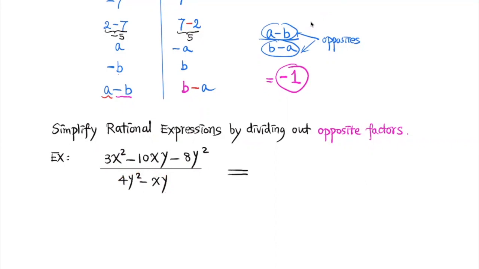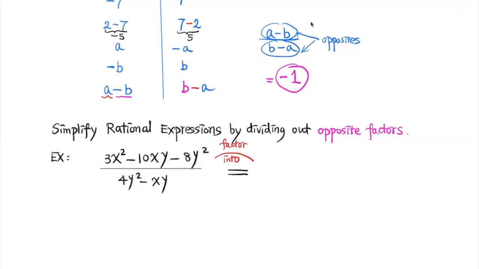Notice that the numerator has no greatest common factor, and it has 3 terms in the form of x squared, xy, y squared. So we use the trial and error method to factor this.